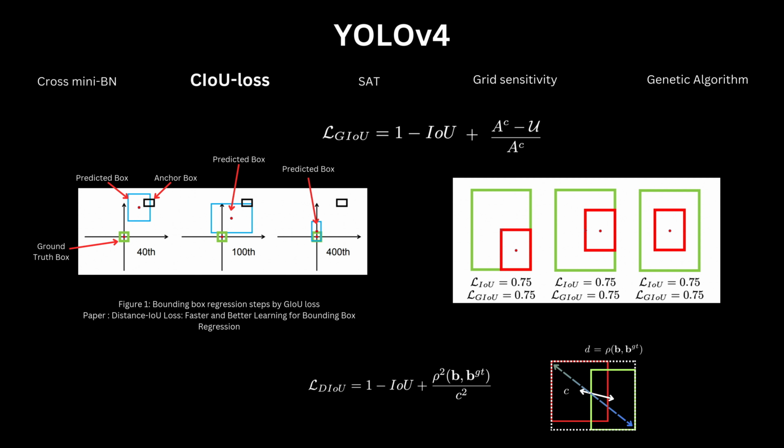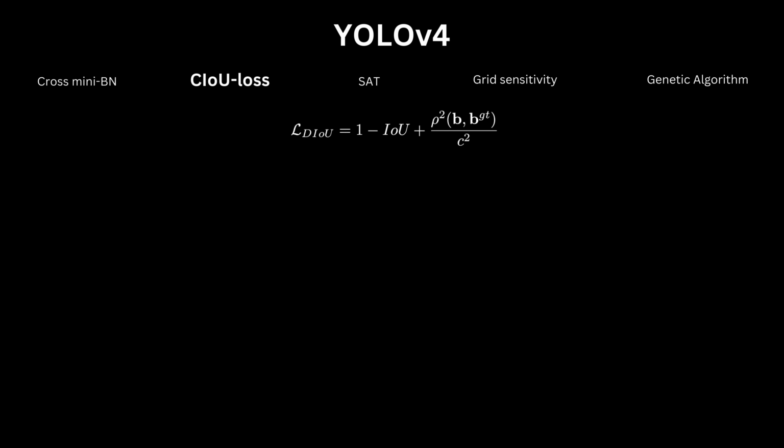Since this penalty term captures the distance between centers, we not only cover the non-overlapping cases as before, but we also capture the case when one box encloses the other, which the generalized IOU loss did not. But this is still not the complete IOU loss. This is called distance IOU loss.